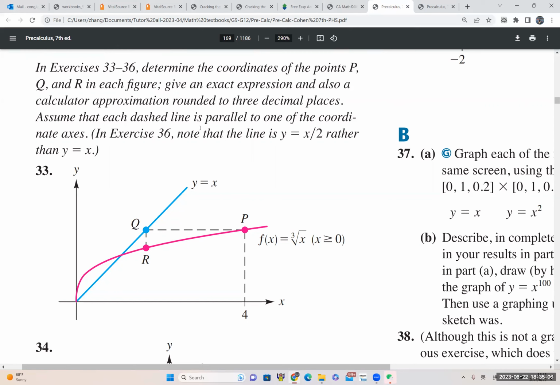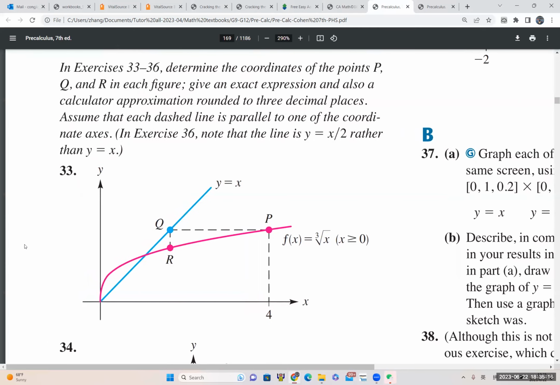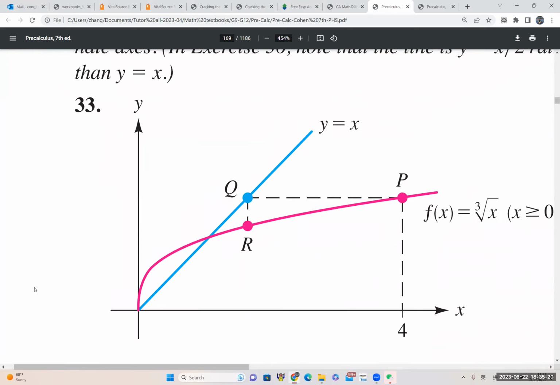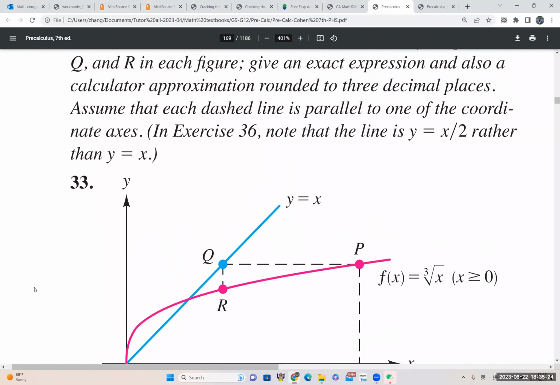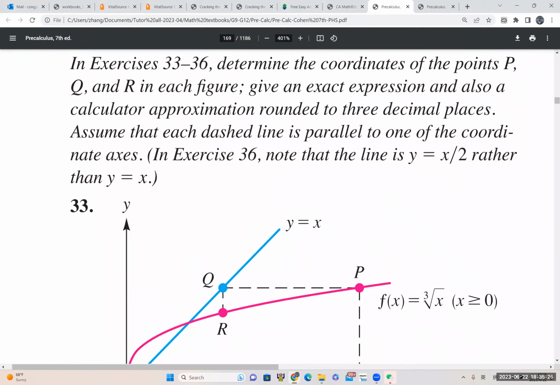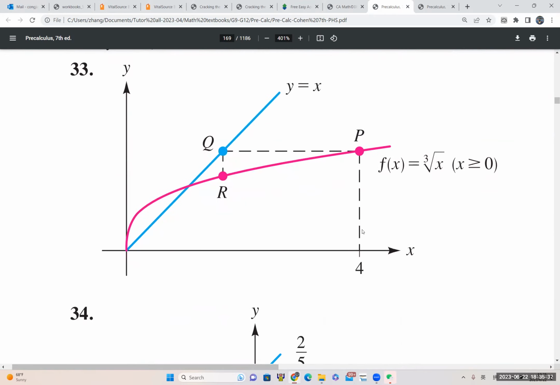Assume that each dashed line is parallel to one of the axes in the exercise. Okay, so we just need to look at this drawing, right? Yeah, we will not use the calculator to get the approximation. Just get the exact expression.